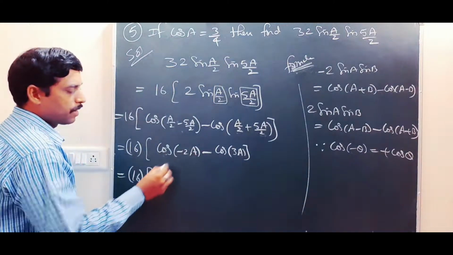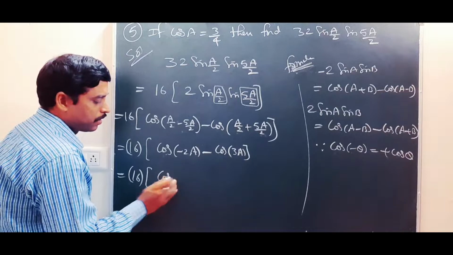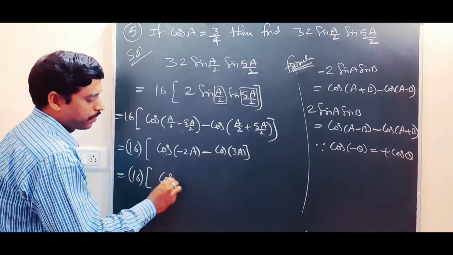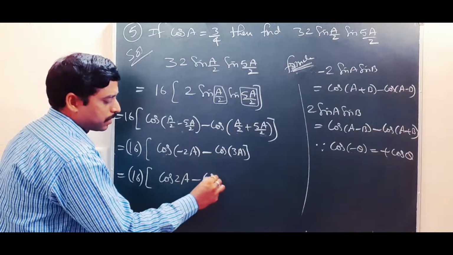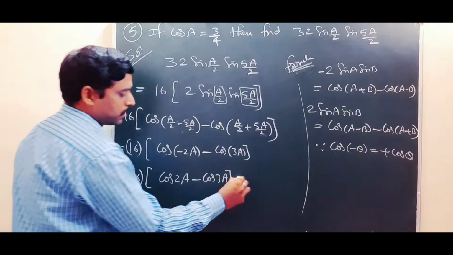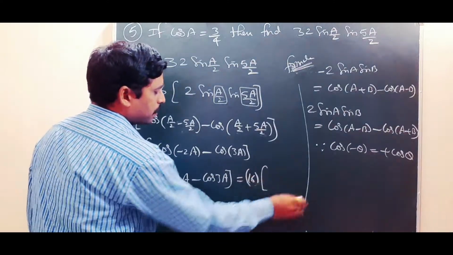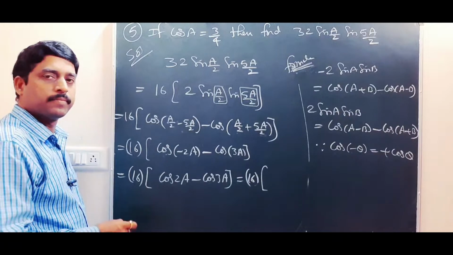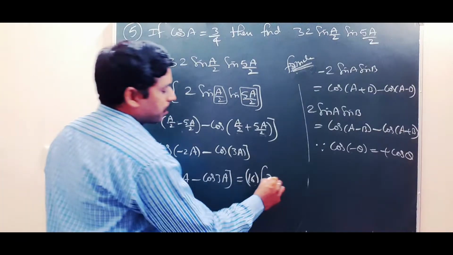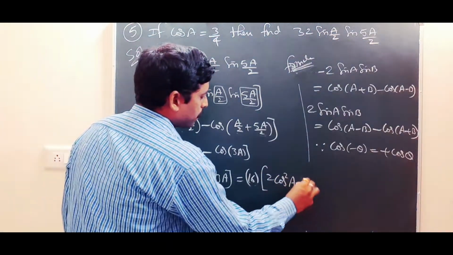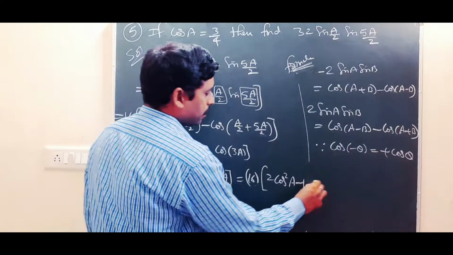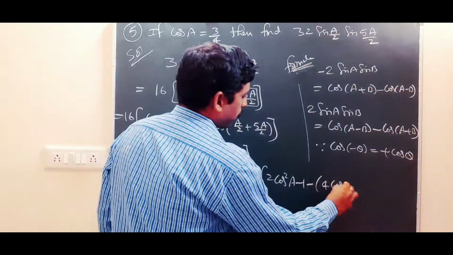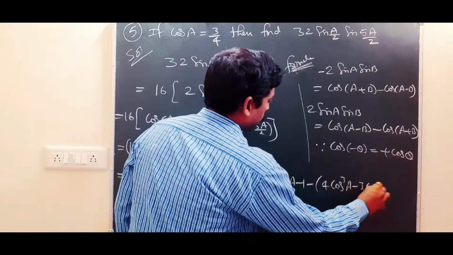So cos of minus 2A is cos 2A minus cos 3A. So 16 times cos 2A, we have the formula 2 cos square A minus 1, and cos 3A will be 4 cos cube A minus 3 cos A.